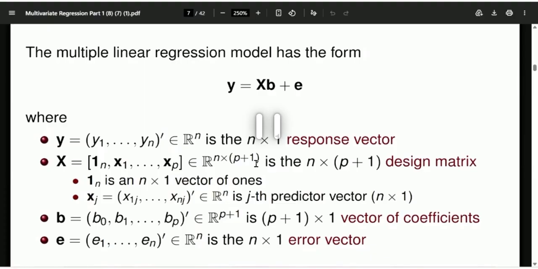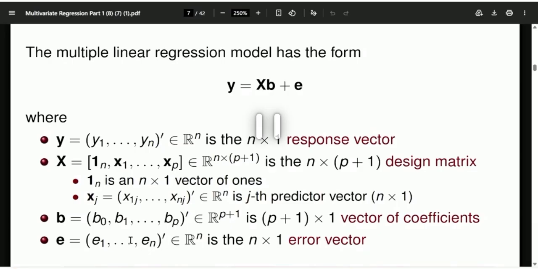The number of regression coefficients will be the number of x's, so if I have p of them, plus the intercept. That's why we have plus 1 here. Now, b, the parameter, is going to be a vector of p plus 1 by 1, because you're adding b naught. Then the error is going to be n by 1.